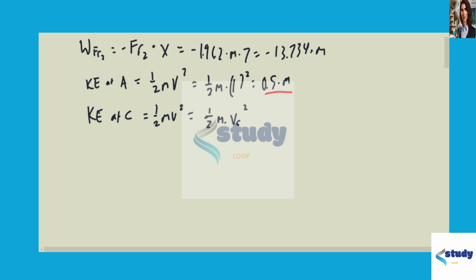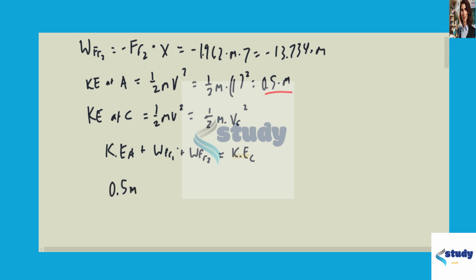We're assuming that no energy is lost at B. So using the conservation of energy, we would have this equation. It's the work plus kinetic energy at A, and what we're looking for is kinetic energy at C. And we can find that by plugging in what we already know.